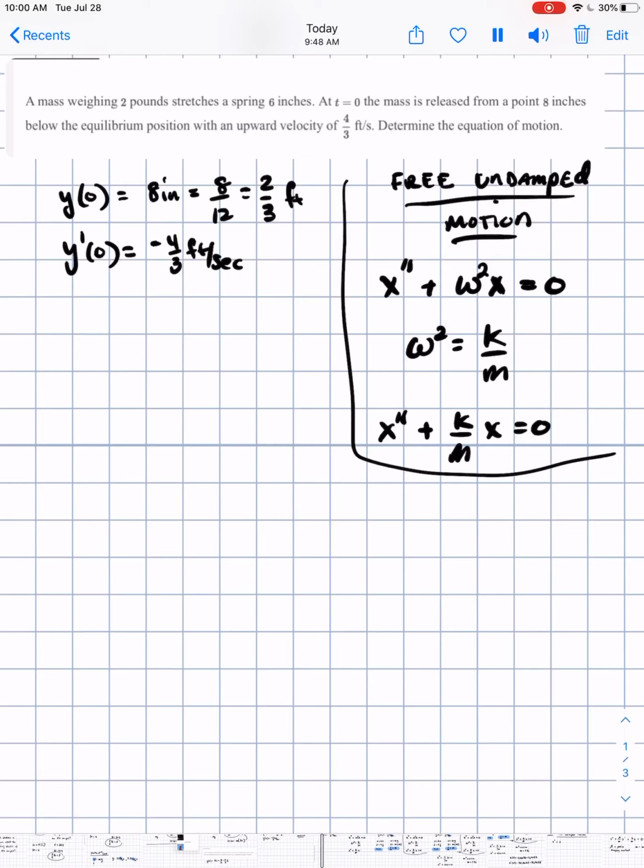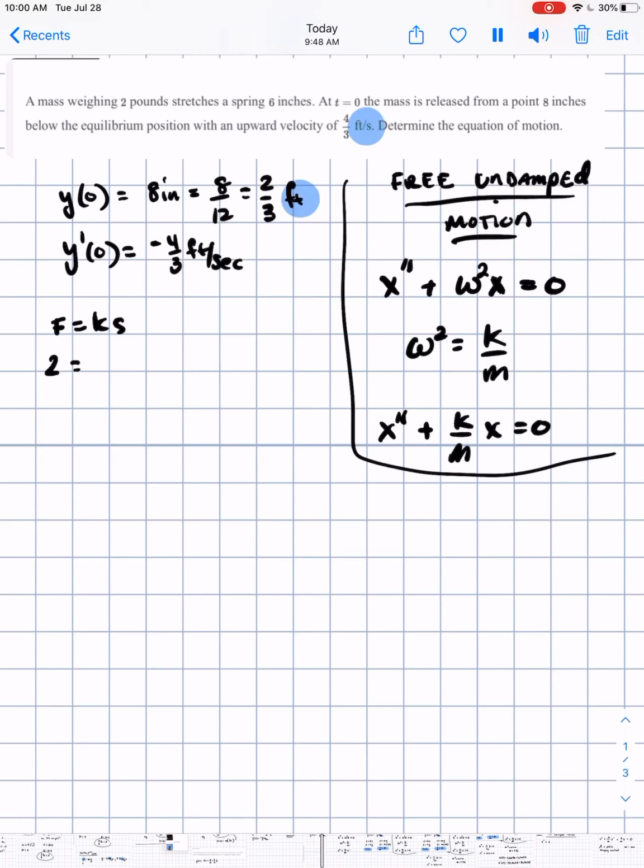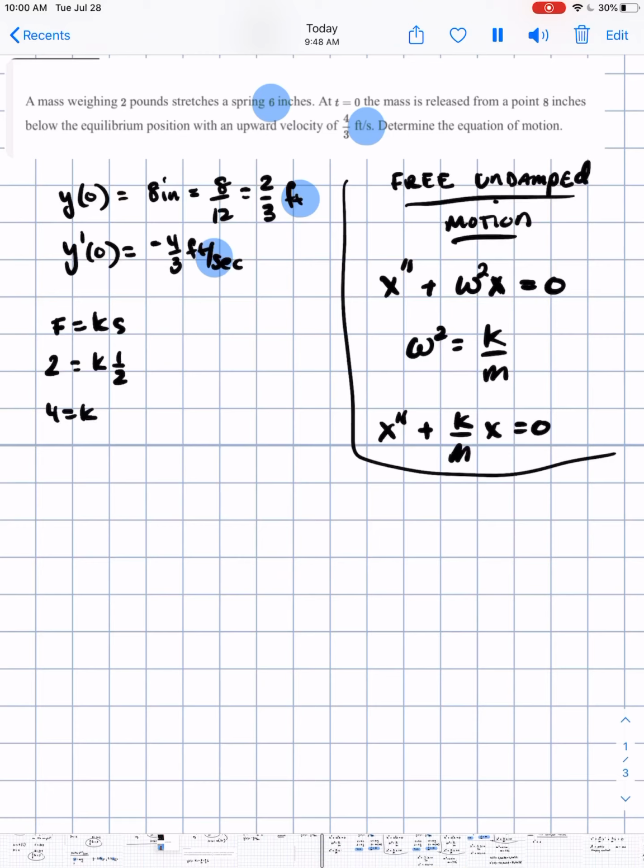In our situation, if we have a weight, force equals ks, so a weight of 2 pounds. Since I'm in feet, I'm changing 6 inches to feet, so k times 1/2 of a foot, so I get 4 to be k.